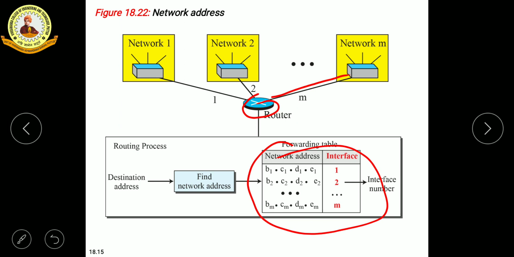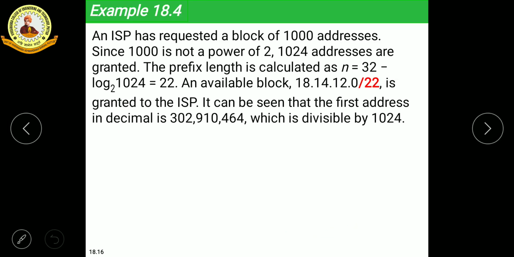Then, going to the next concept, we have a problem here, 18.4. An ISP, that is, an internet service provider, has requested a block of 1000 addresses. Since 1000 is not a power of 2, 1024 addresses are granted.